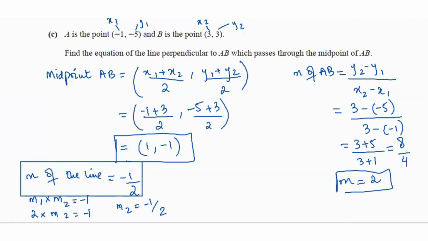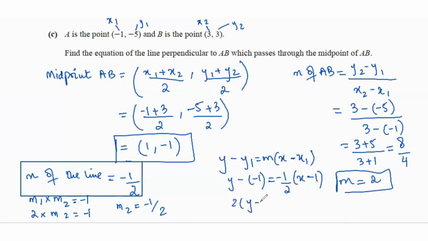We can just find the equation of the line by doing y minus y1 equals m times (x minus x1): y minus -1 equals -1 over 2 times (x minus 1), 2 times (y plus 1) equals -x plus 1.